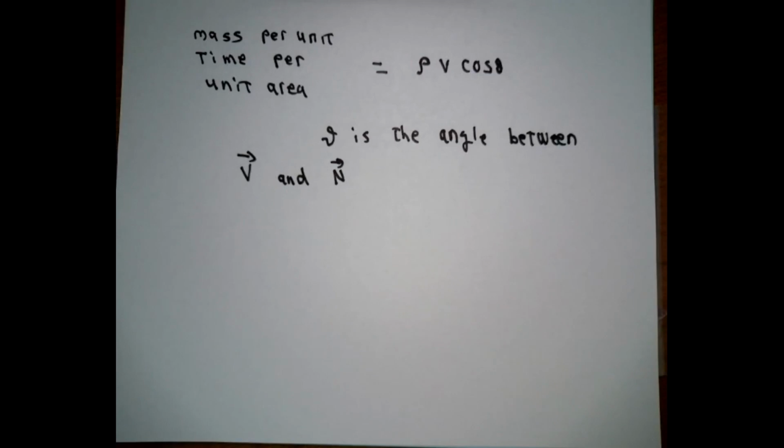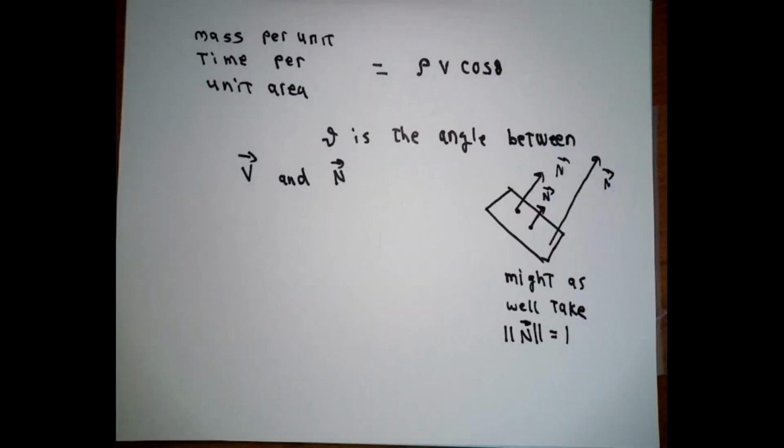But wait, there's more to it than this. If you give me a plane, I'll have a normal vector for it, but I could multiply that normal vector by 2 and still have a normal vector. I could take this normal vector, multiply it by 1/2, and I would still have a normal vector.